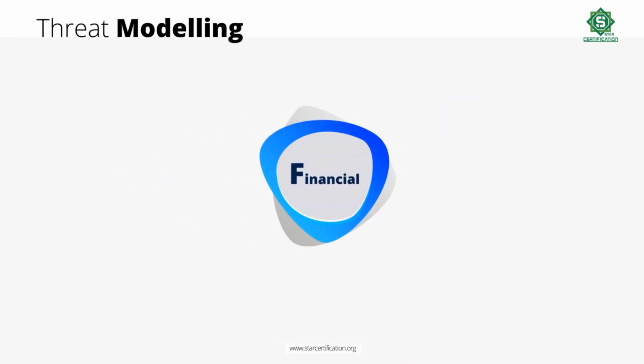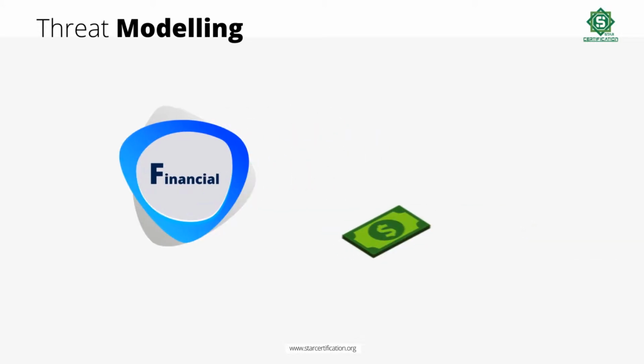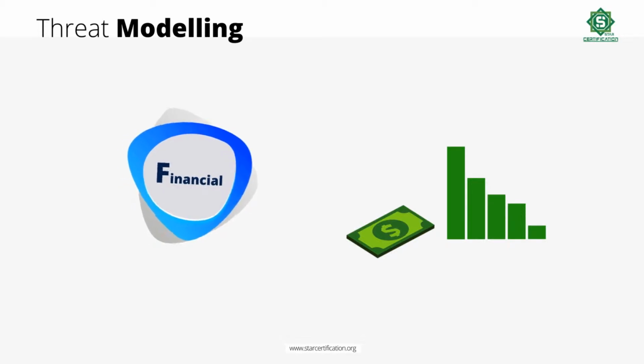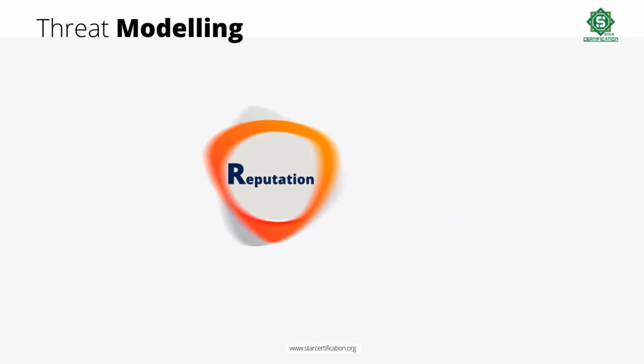Financial. Understand the level of risk involved for the organization in case of any critical financial loss. For example, a form application would be at less risk as compared to an e-commerce application. Reputation.